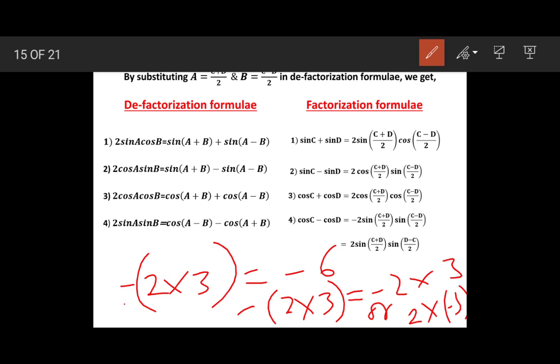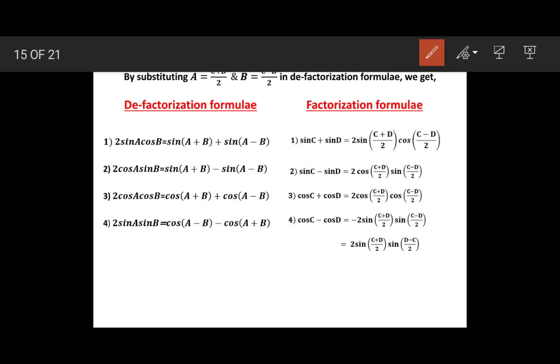I can take this minus sign with either 2 or 3. With any one of the numbers I can take this minus sign. So a similar rule I am applying here. I am taking this minus sign with this sine. Okay. So what will I get?